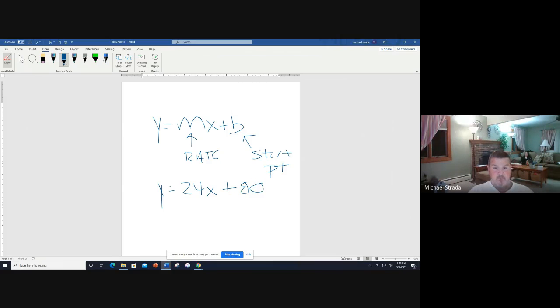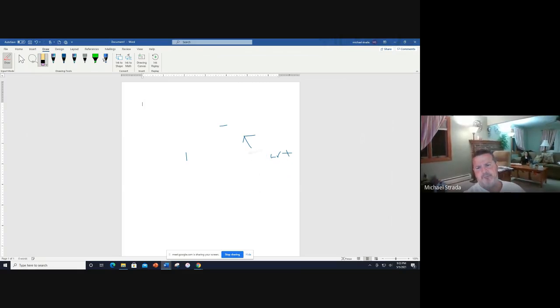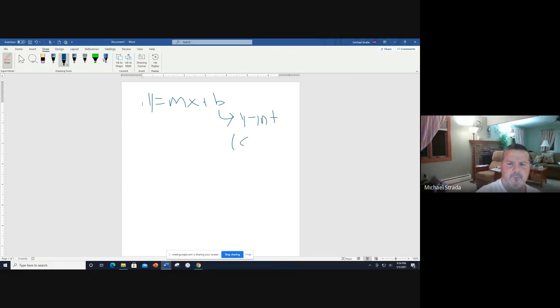Now, when you are graphing these lines, whether abstractly in the algebra world or in the real world, y equals mx plus b. We start at b. Like we said, it's called our y-intercept. Its coordinates are 0 and b.